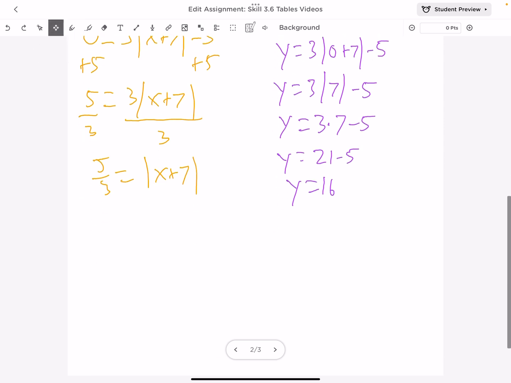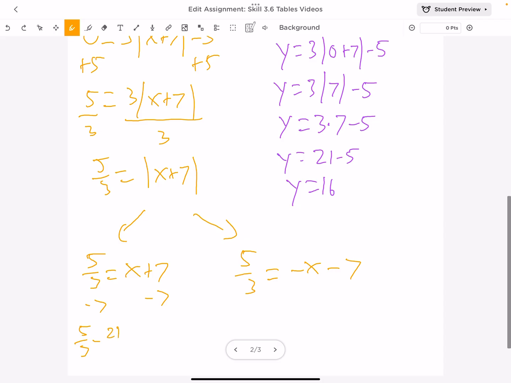Okay, and then just like we do before, we can split into 2, and we are going to have to deal with some fractions. So this would be 5/3 is equal to x plus 7, and 5/3 is equal to negative x minus 7.